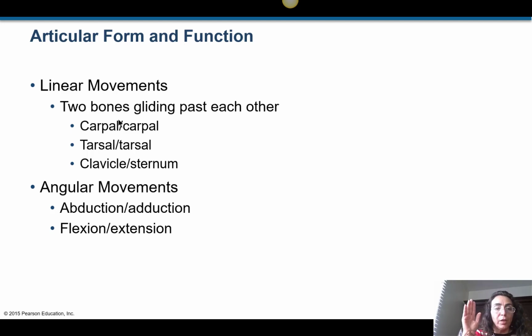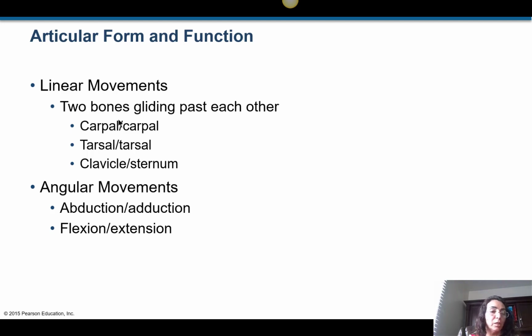You remember we have eight carpal bones, and many of them have this type of joint between them. They are gliding movements, right? Those are linear movements. Between the tarsal bones, the same. And also between the clavicle and sternum. The clavicle has two ends, clavicle and sternum, clavicle and acromion. Both sides are linear movements.